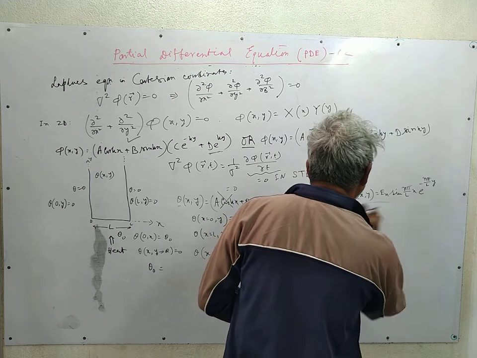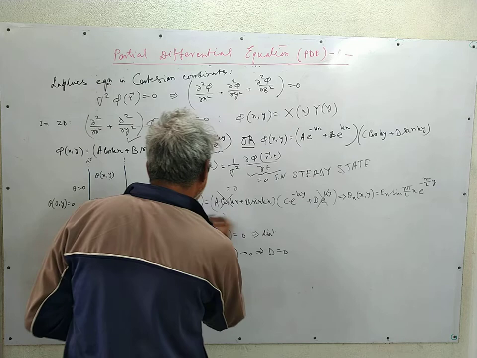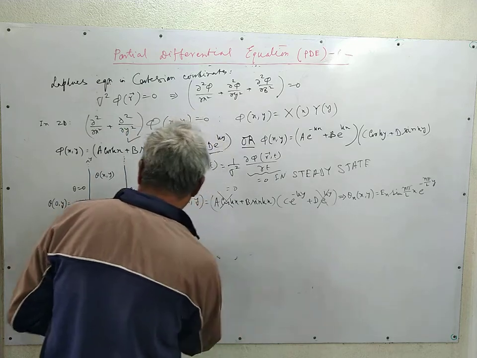Up to this part it is okay. So we have solutions for different values of n.